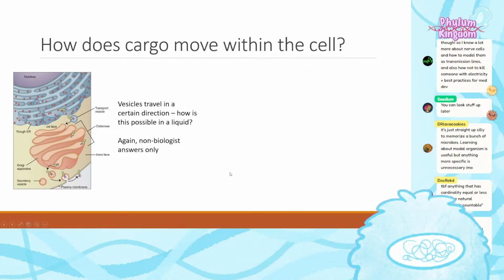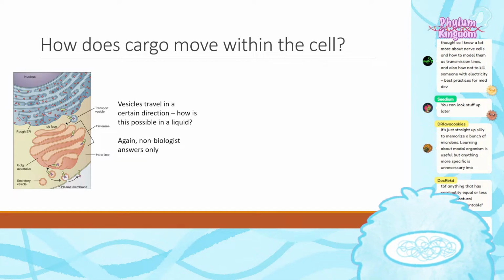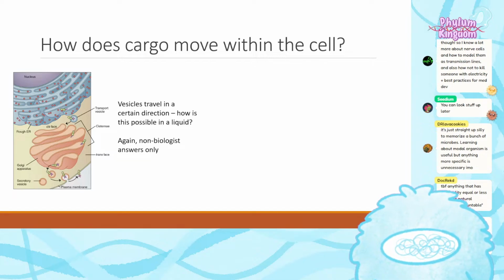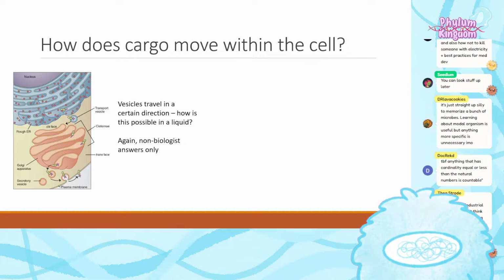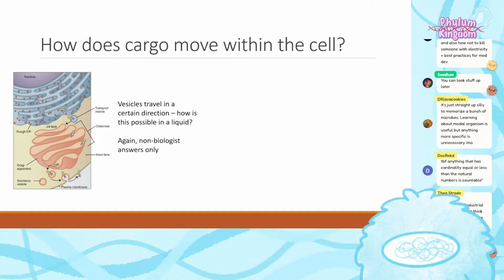So we did one part of that, which is how does the protein know where to go, but how does a protein actually get to where it needs to go? I have a picture of the endoplasmic reticulum and the Golgi, and you can see by these arrows that cargo only travels in a certain direction. From the ER, you get transport to the Golgi, and then from the Golgi, you get secretion.